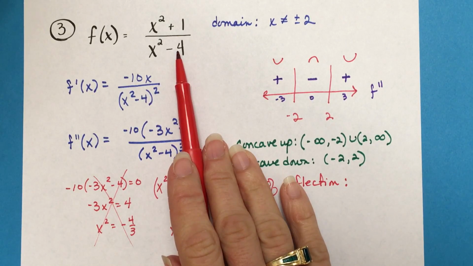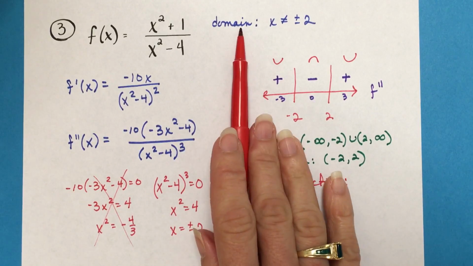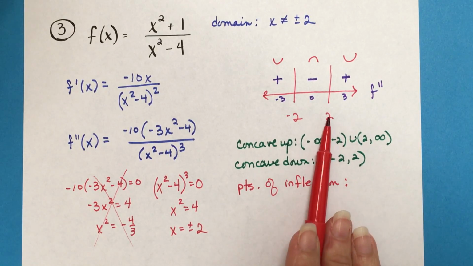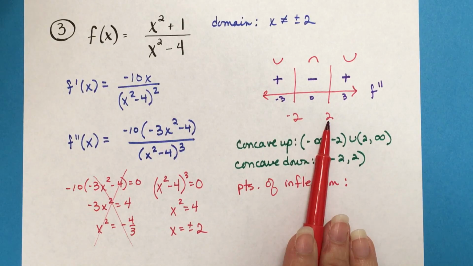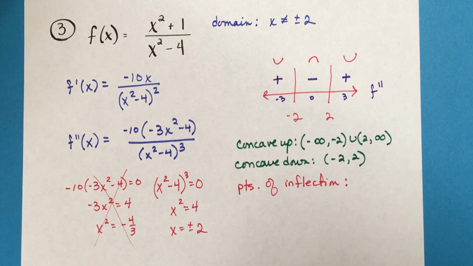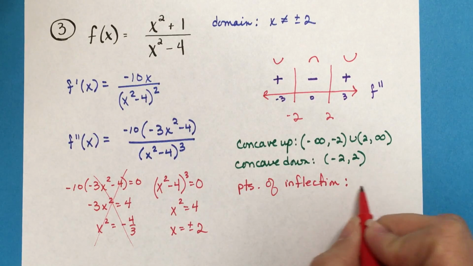Okay, and we're going to look at this on the calculator in just a second for you to see what's actually going on at negative 2. But if it's not in the domain, it is not on your graph, so therefore it cannot be a point of inflection, because remember, this is an actual point. Okay, same thing is going to be true with positive 2. Positive 2 is not in your domain, therefore there's no way that it can be a point of inflection.